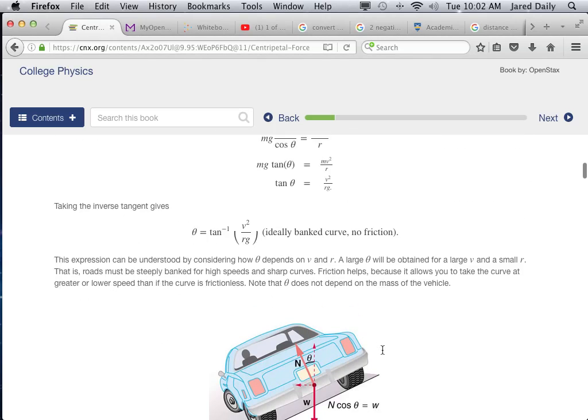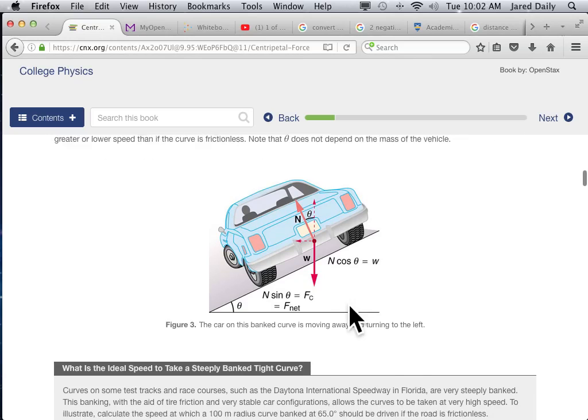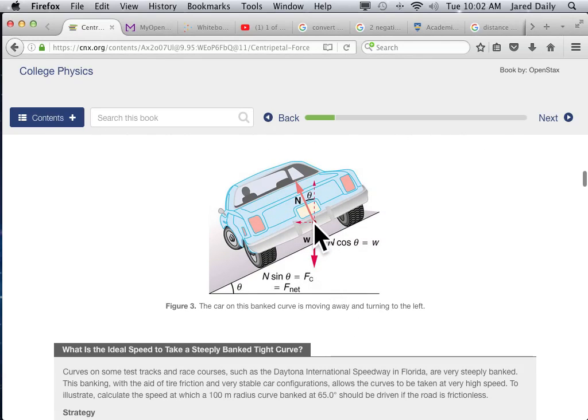Now a banked curve is a whole different ball of wax, right? On a banked curve, your force from gravity, your weight, is down this way, but your normal force is this way, and the normal force is the thing that's used to calculate friction. But where's your centripetal force?